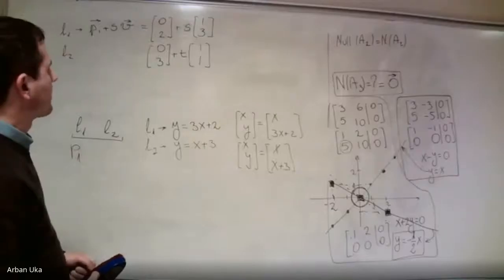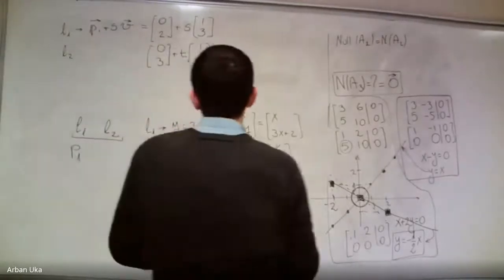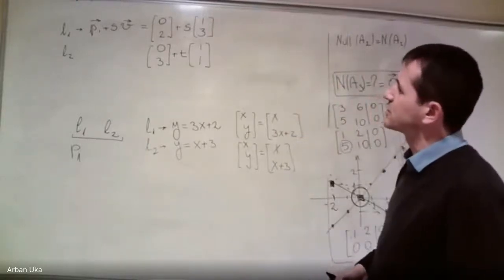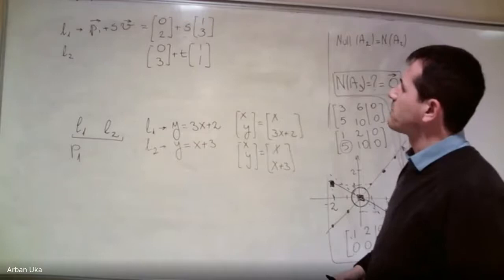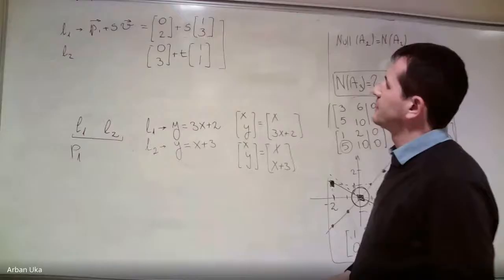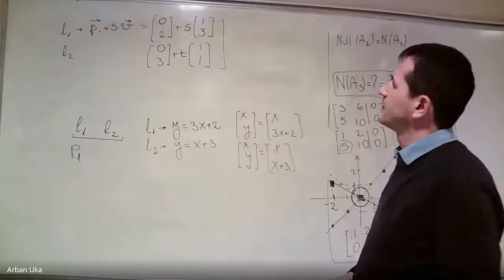Okay. So in this case, can we say the plane equation is, for example, (0, 2) plus s times (1, 3) plus t times (1, 1)? I have to think about this. Would you agree? Do you think that this is a good solution? Is this the correct solution? Since I said in the beginning that we assume they aren't skew, I think yes.